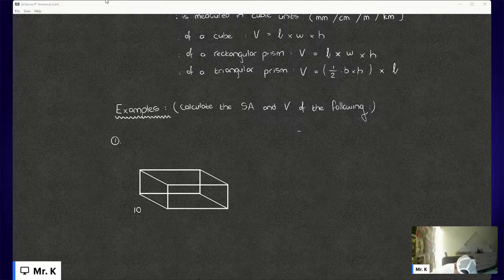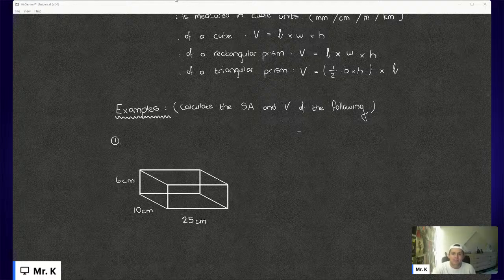10 centimeters for the width, 25 centimeters for the length, and let's say 6 centimeters for the height. You are often going to be given dimensions in a format like this, guys, where not every single line is going to have a measurement, right?